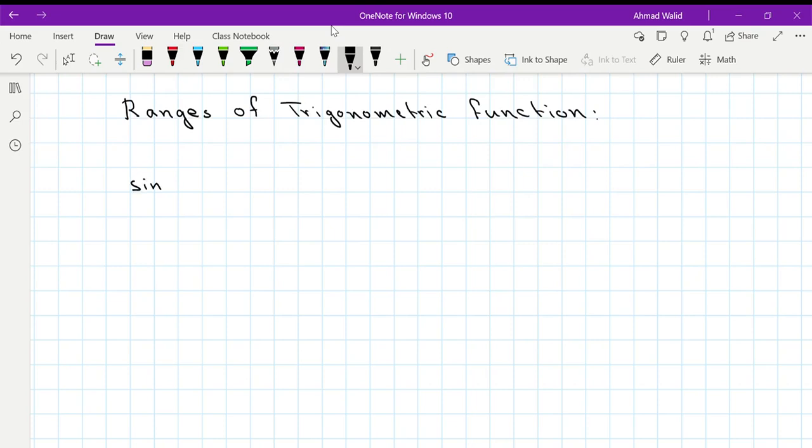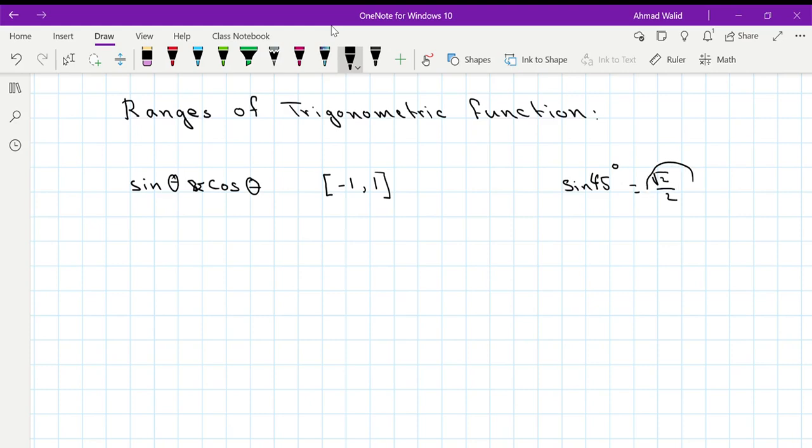Sine of an angle theta and cosine of angle theta, correct, the range is they can take the values from -1 to 1. For example, if I ask you to find the sine of 45 degree, I know you don't have an idea what is the sine of 45 degree, but if you use your calculator, it gives you radical 2 over 2.